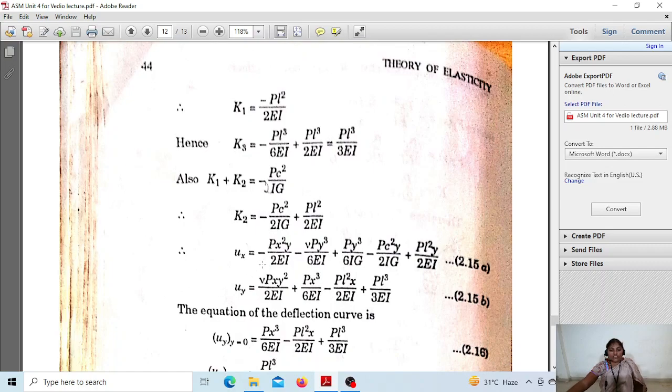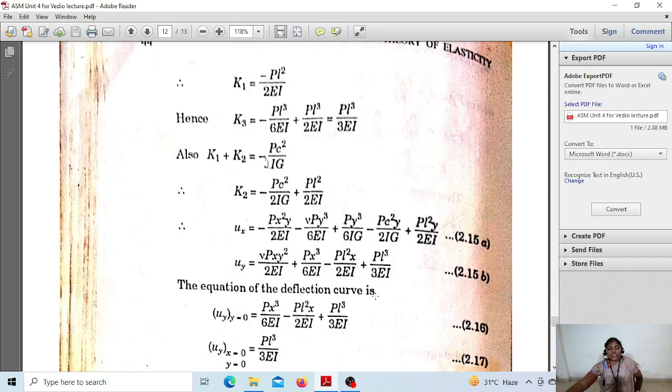Therefore, ux is equal to minus px square y by 2EI minus nu py cube by 6EI plus py cube by 6Iz plus pl square y by 2Iz minus pl square y by 2EI. uy is equal to nu pxy square by 2EI plus px cube by 6EI minus pl square x by 2EI plus pl cube by 3EI.